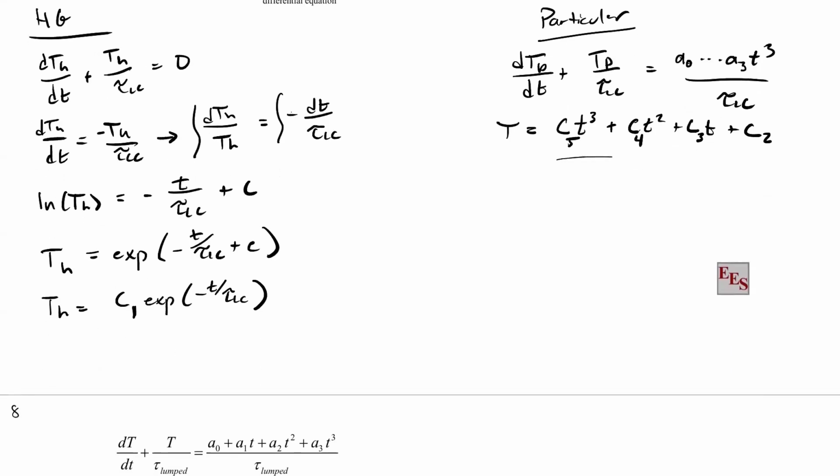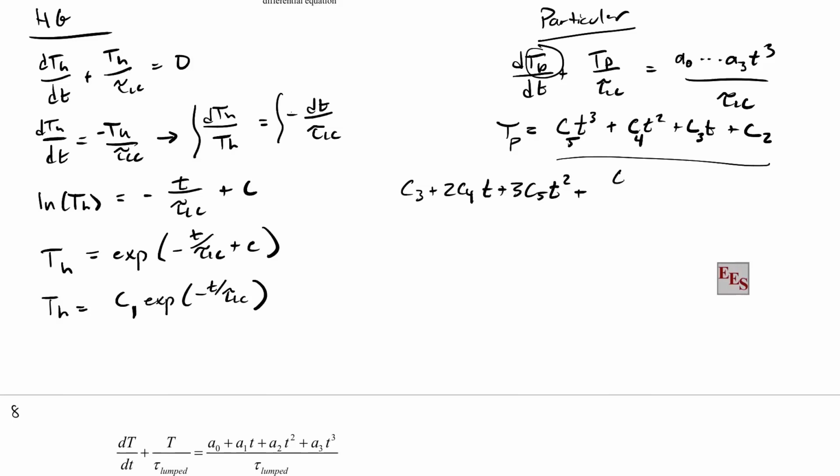You take this whole equation here, and let's plug that in for our Tp up here. We go through and plug that in, and we end up with the following expression. So C3 plus 2C4 t plus 3C5 t squared, plus that second term, which is just Tp over tau lumped.